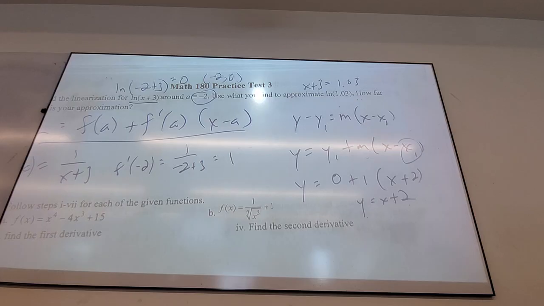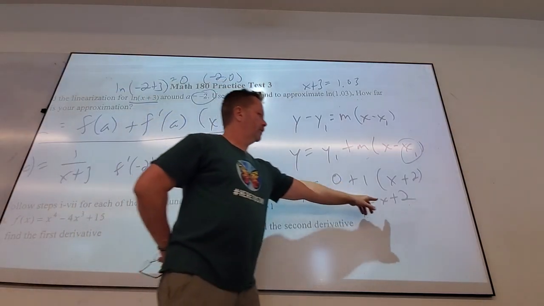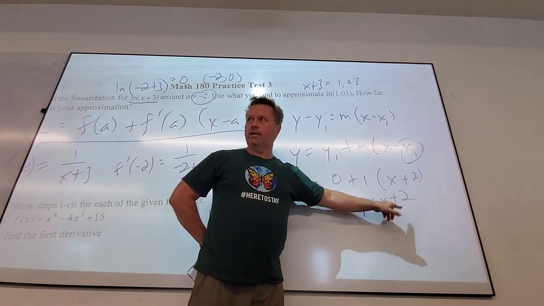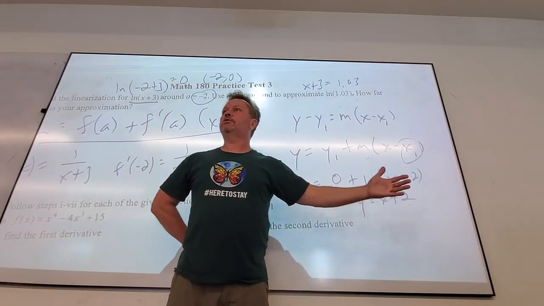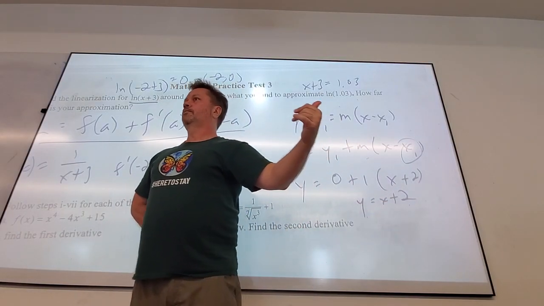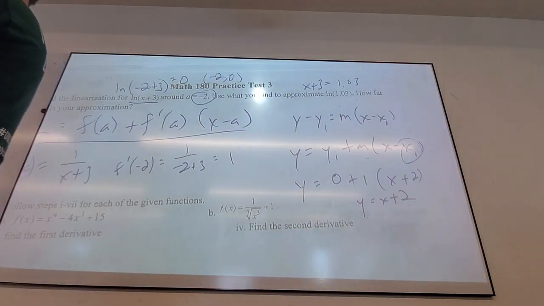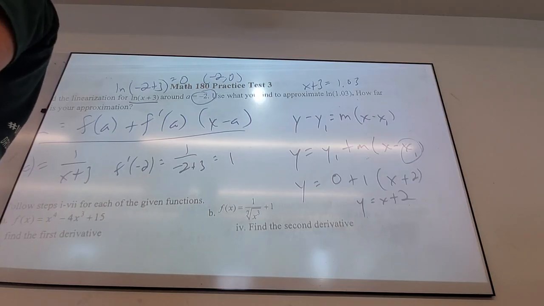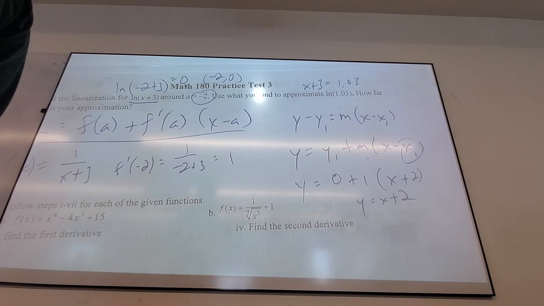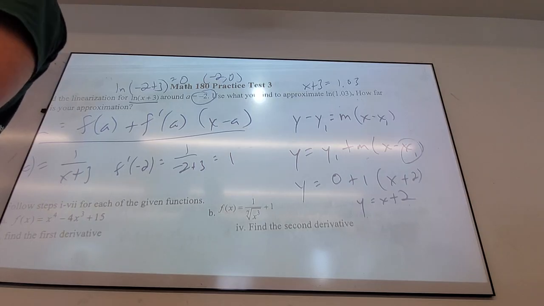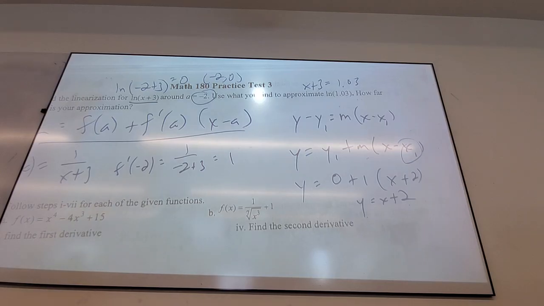So then if you just plug negative 1.97 into here, you'll get a number. And how do you check to make sure it's good? Compare it to natural log of 1.03 in your calculator, yeah? The thing I want you to realize, can you guys do negative 1.97 plus 2? What's 2 minus 1.97? 0.03, yes?